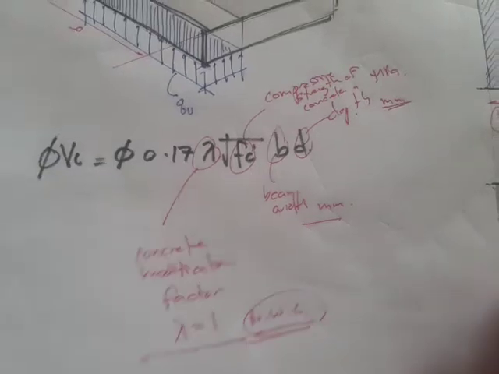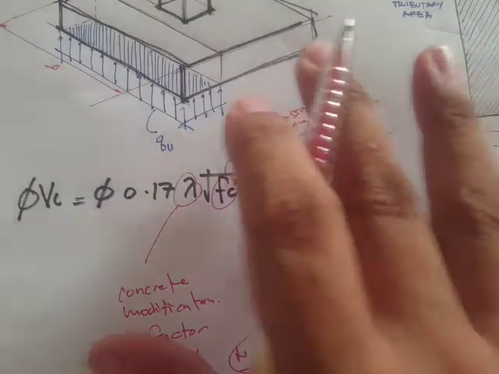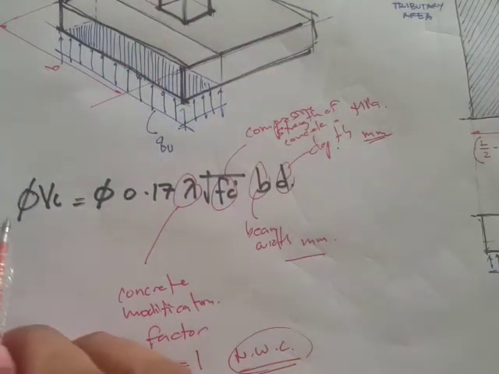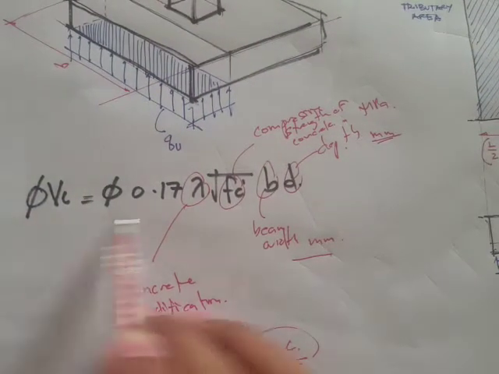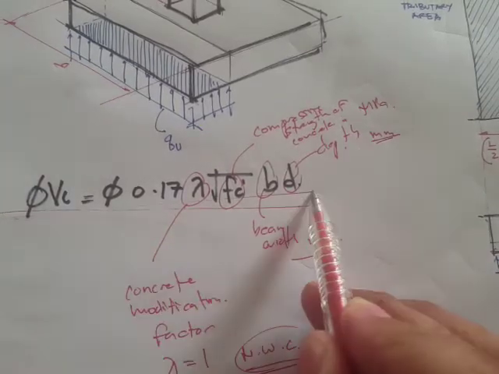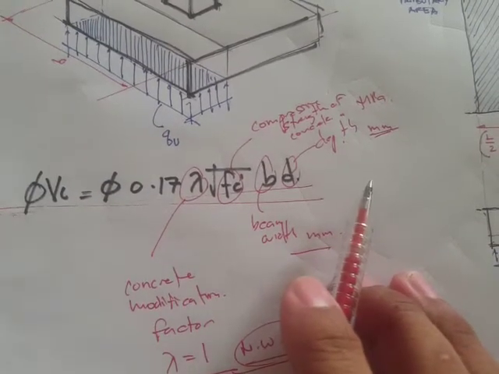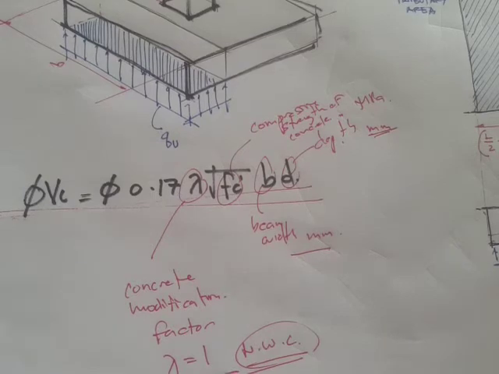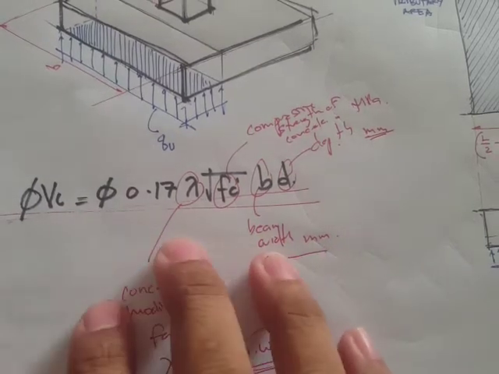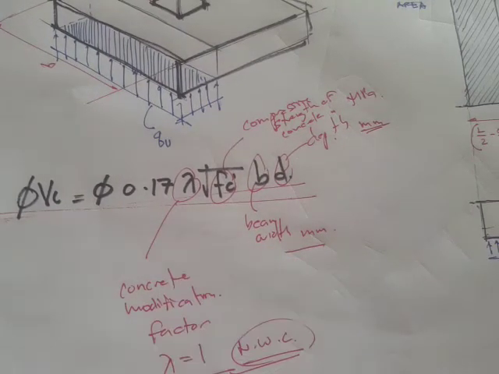All right. Now, this is the one-way shear, and the capacity for solving the one-way shear is given by this equation. Now, as I've said earlier, we'll also have to compare the capacity to the loads, to the load side.